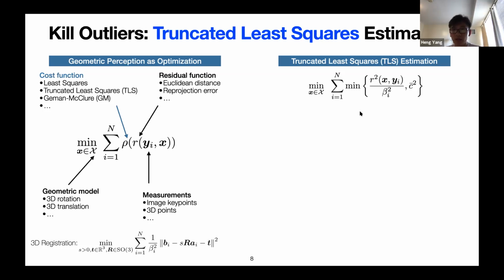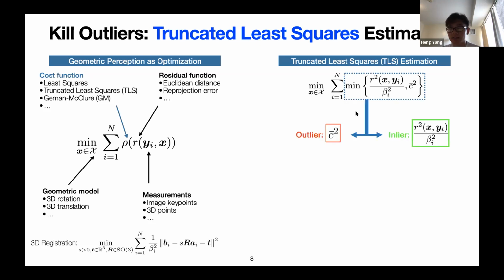So first of all, what is truncated least squares estimation? Truncated least squares estimation is essentially to replace this rho function here with the truncated least squares cost function, denoted as this inner minimization between the residuals and a constant threshold c-bar squared. If you look at this inner minimization more closely, you will realize that when the residual is small, which usually means that the corresponding measurement y_i is an inlier, then the minimization will prefer the residual function, which is r squared.